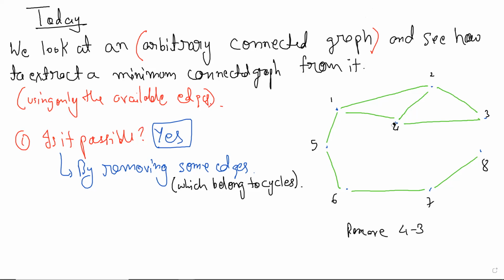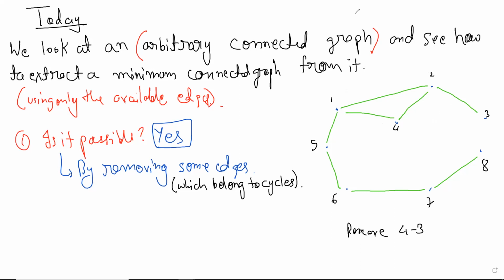Here it's fine. In the weighted case it will get interesting. But here it is just removing 4 3, for example. That's step one. In the next step, you can remove something from this cycle, and the key is that it will still be connected. If you remove an edge from a cycle, it will still be connected. I suppose everybody can see that, and if you have to write it, you should be able to.